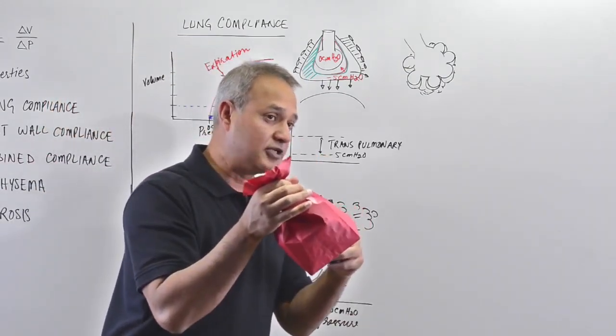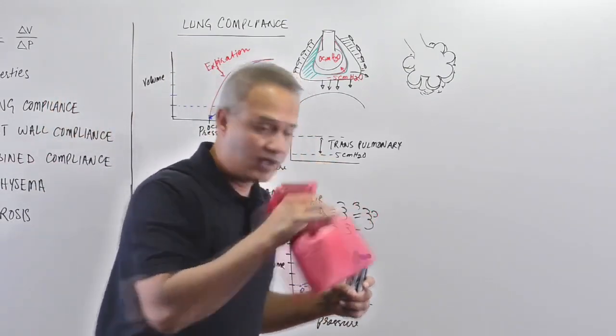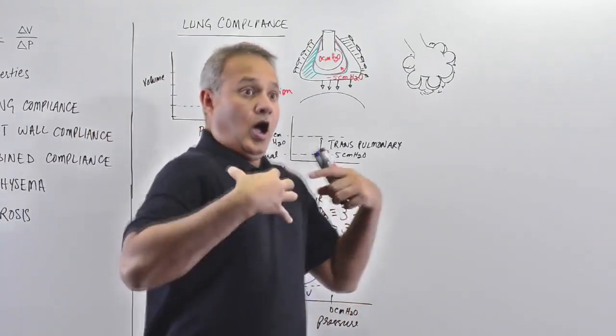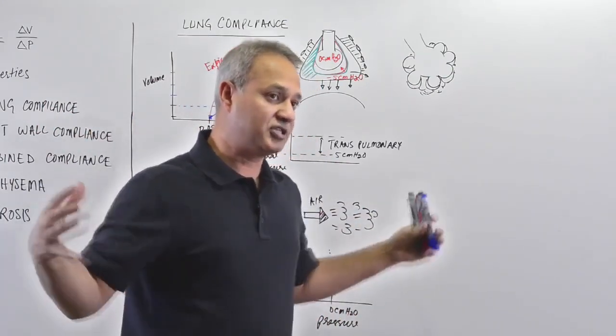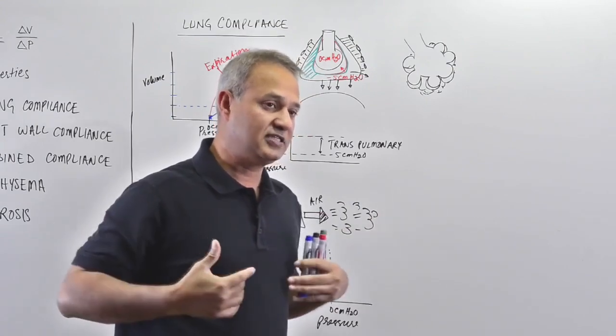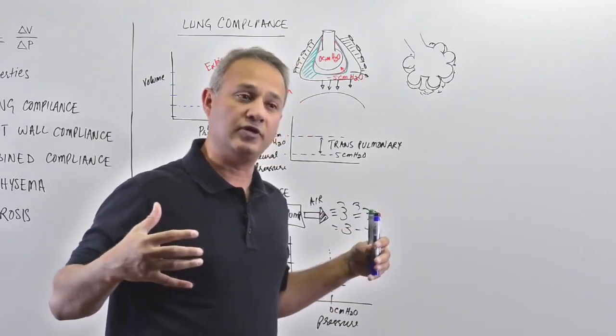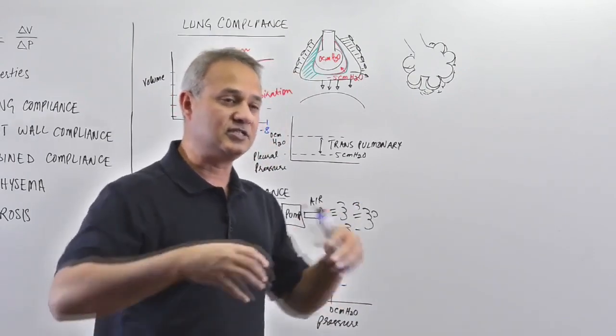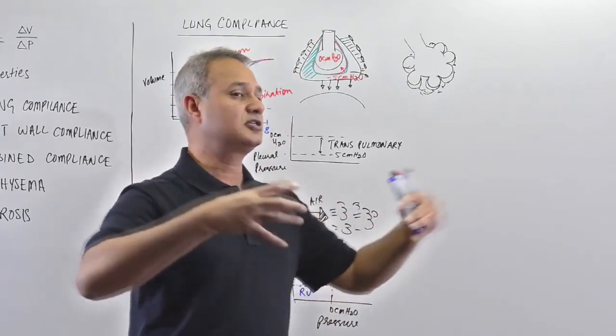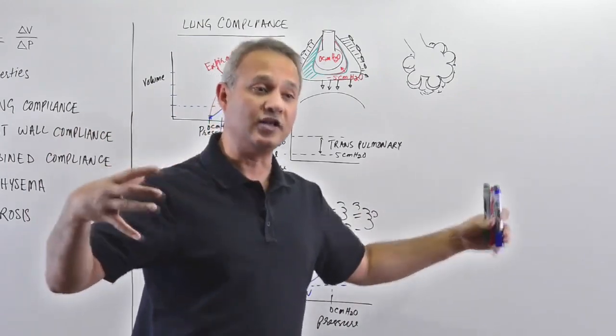remember this is not the alveolus, this is the chest wall. Inflating it, how big can the chest wall go? Can it burst open? No, there is a limit for how much the chest wall will open up, again because of the bony rib cage, because of the muscles, because of the whole structure. It's not just going to keep expanding in its volume forever.